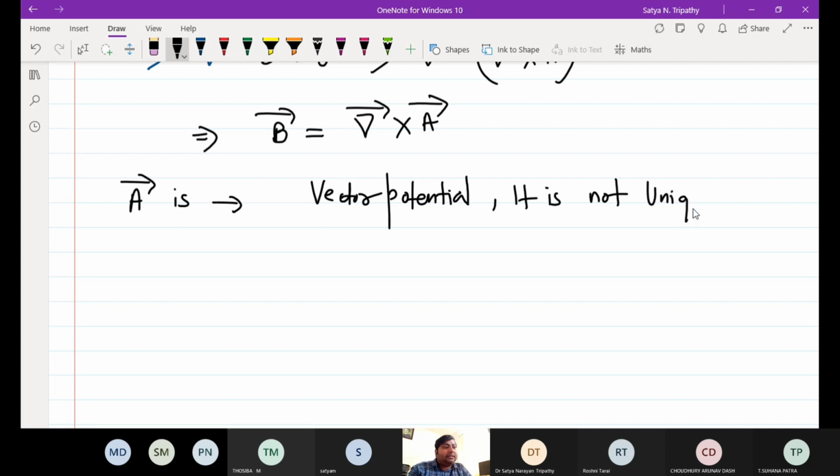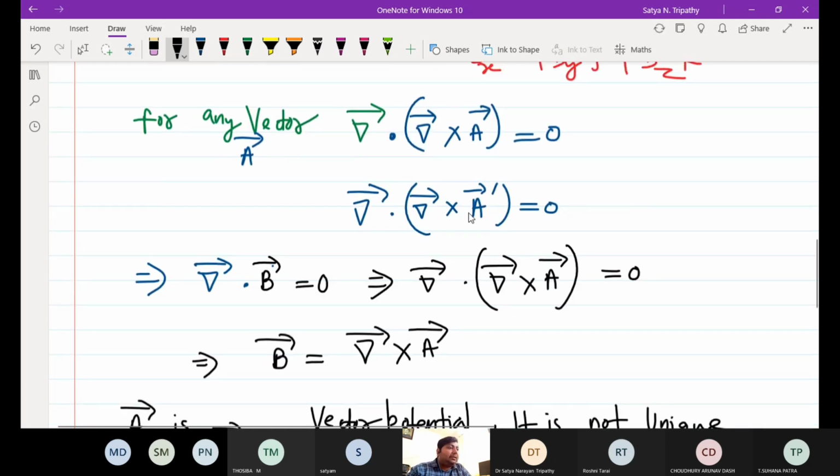What does this mean? It is not unique means I can have another A dash which can also create the same B, because you can see these two relations: divergence of curl A is 0, divergence of curl A dash is 0, because this is general and it is valid for any vector.